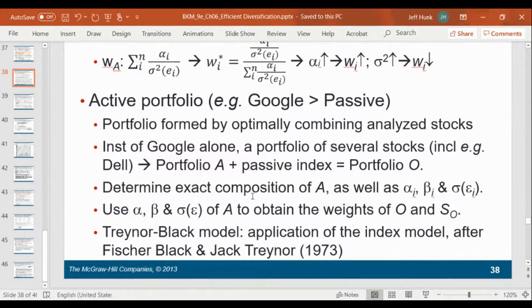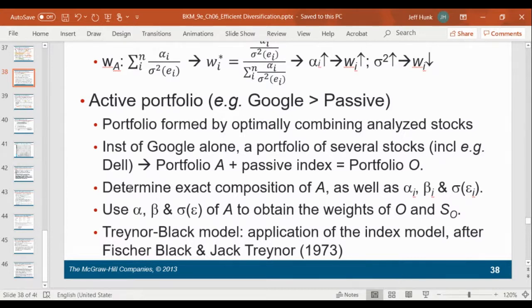So now we need to determine the exact composition of active portfolio as well as the alpha, beta, and standard deviation of errors. Standard deviation of error terms, standard deviation of residuals are simply called standard errors, right? Yeah, standard error is the standard deviation of error terms.